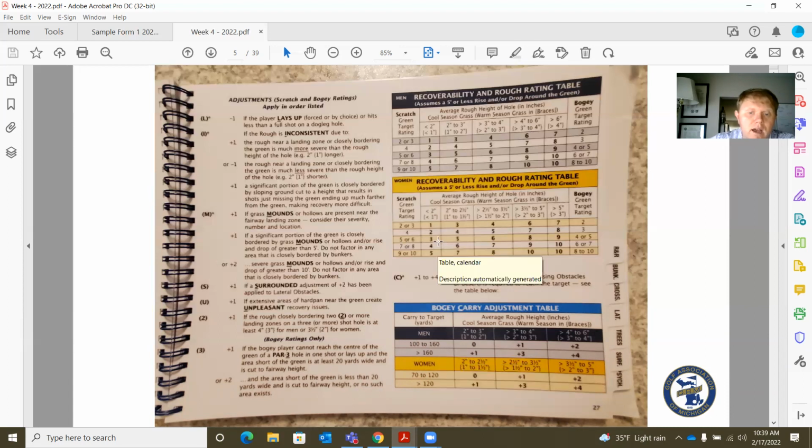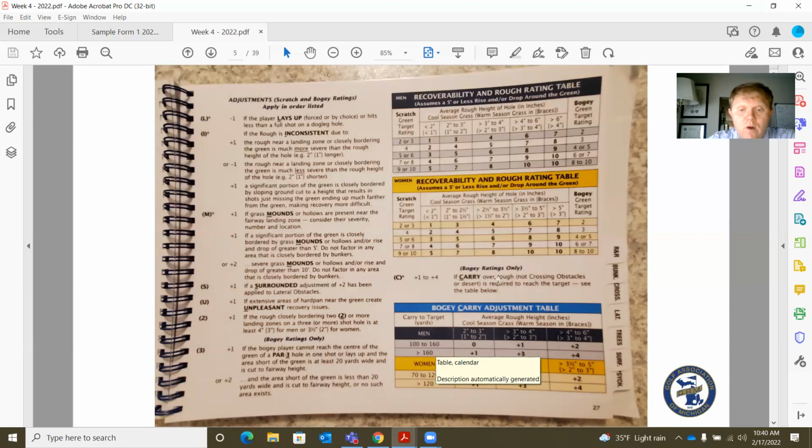And really, how this works is, this is something that's not necessarily measured for you. You might need to get help from someone out there to go and stand at the edge of the fairway. And we're just basically shooting from where your tee is to the edge of the fairway, or where the fairway starts, to generate how long of a distance this carry is to get to the target.